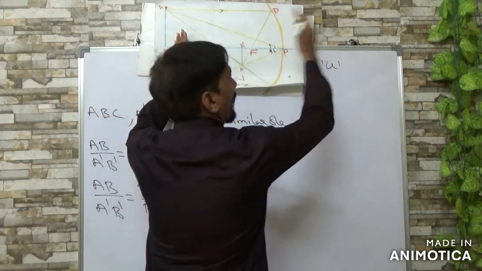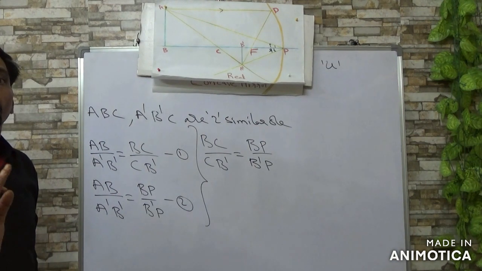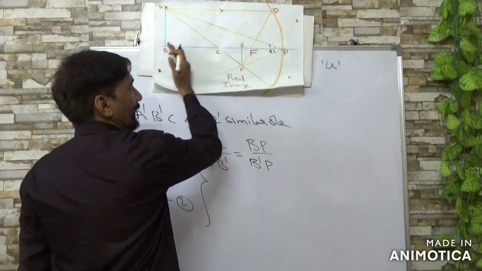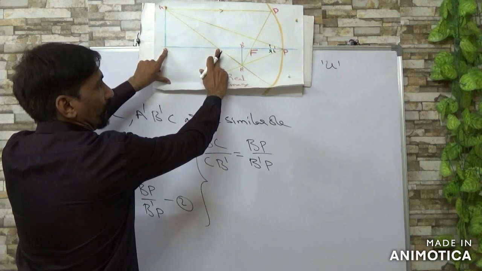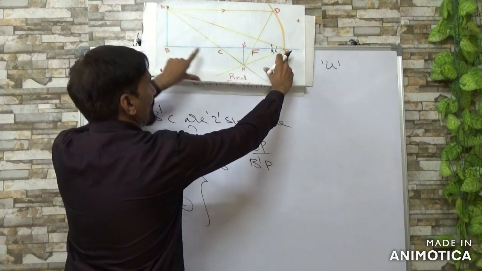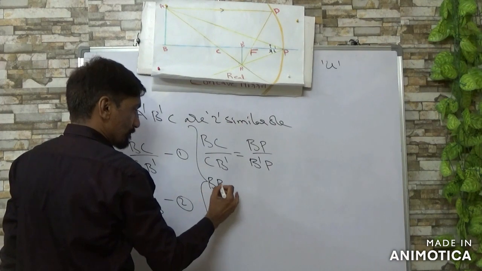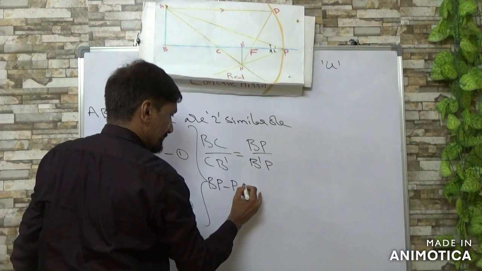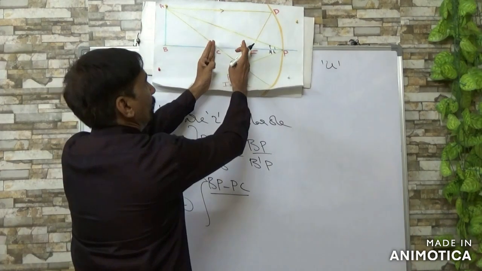If you take it on the other side, it would be positive. So here you are measuring all the distances from the pole to the left hand. Now about BC, this can also be taken as total BP minus PC.